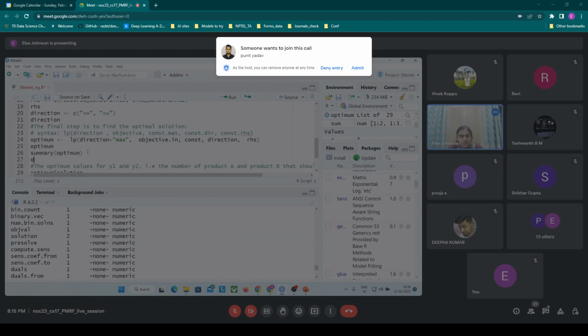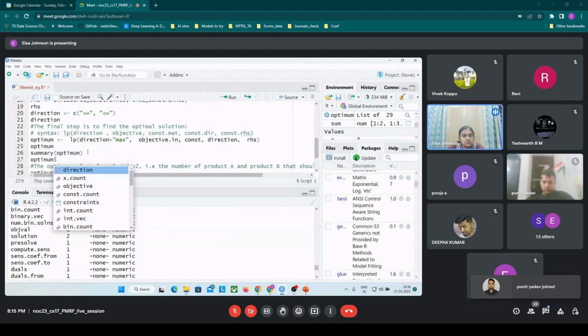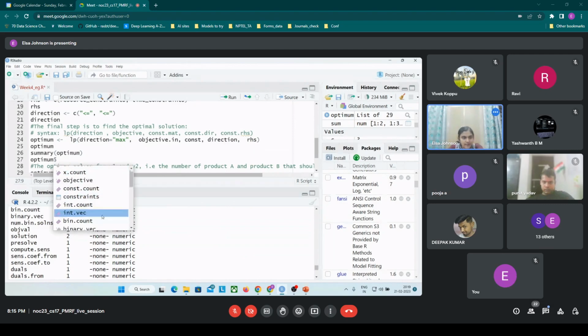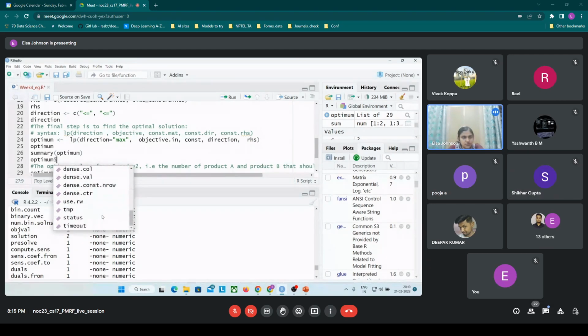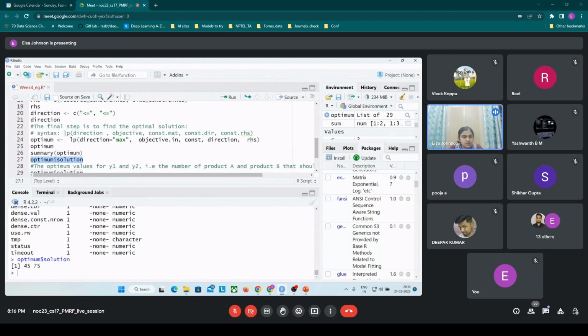If you just type optimum and put dollar, then you will get all these options. So anything you want to find, you can just see that. If you want to find the solution, it will give you the optimum values for y1 and y2. So that's what we had to find. These are the optimum values when the production had to be maximized.